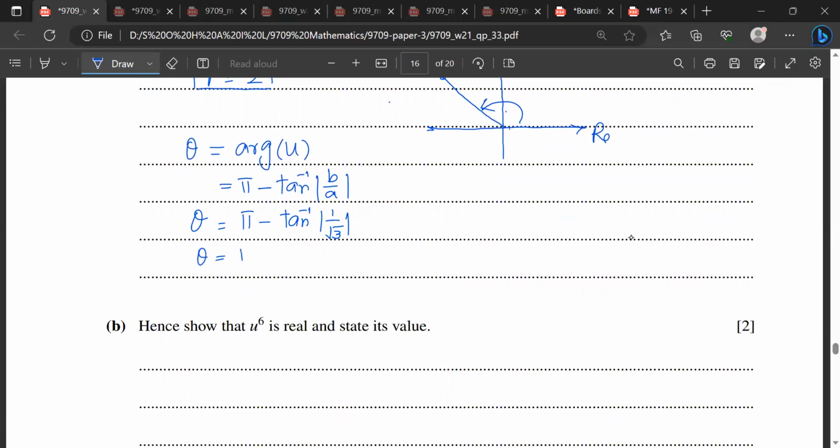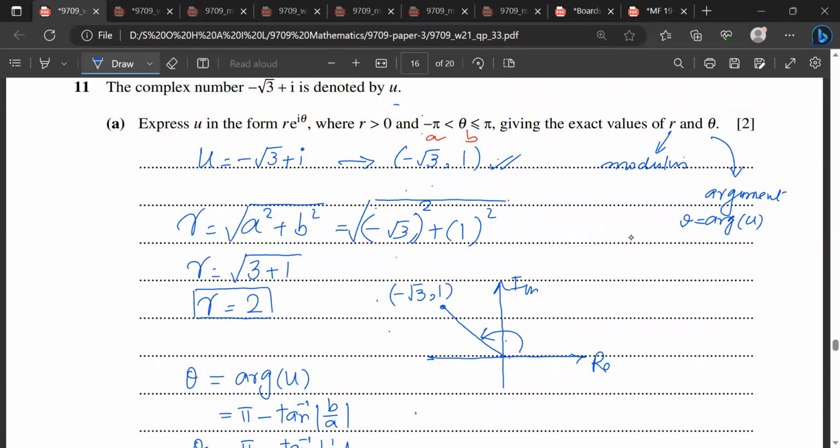So theta is equal to pi minus pi over 3. Sorry, this is not pi over 3 but pi over 6. So this is 5 pi over 6, the value of theta.